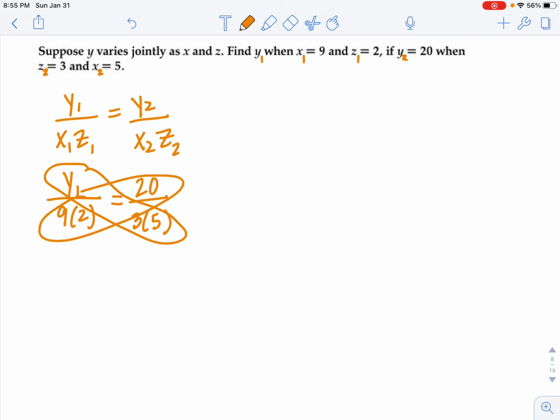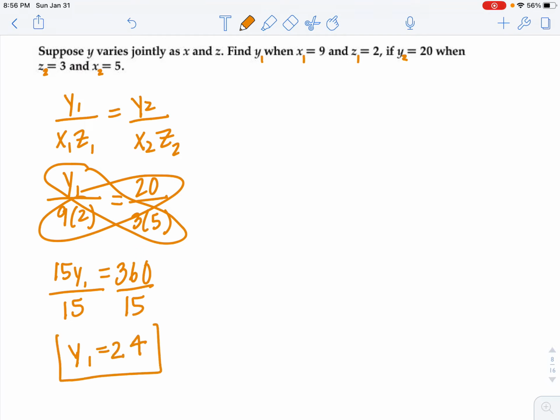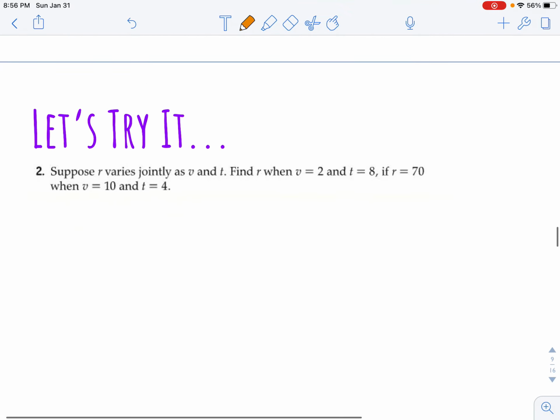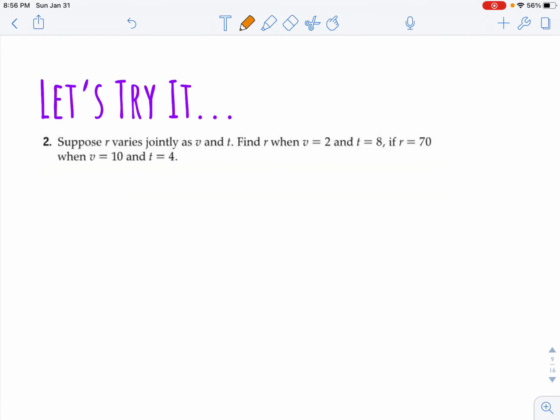We have 15y1 equals 360. Divide by 15, and you get y1 equals 24. So I'd like you to try number 2 on your own, please.